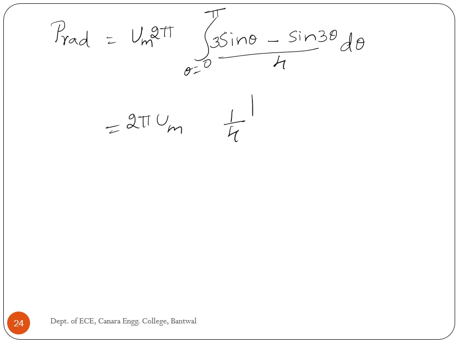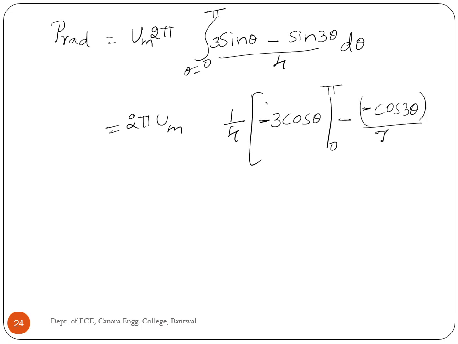Keep 1 by 4 outside. Integration of sin theta is minus cos theta, limit 0 to pi, minus cos 3 theta divided by 3, limit 0 to pi.